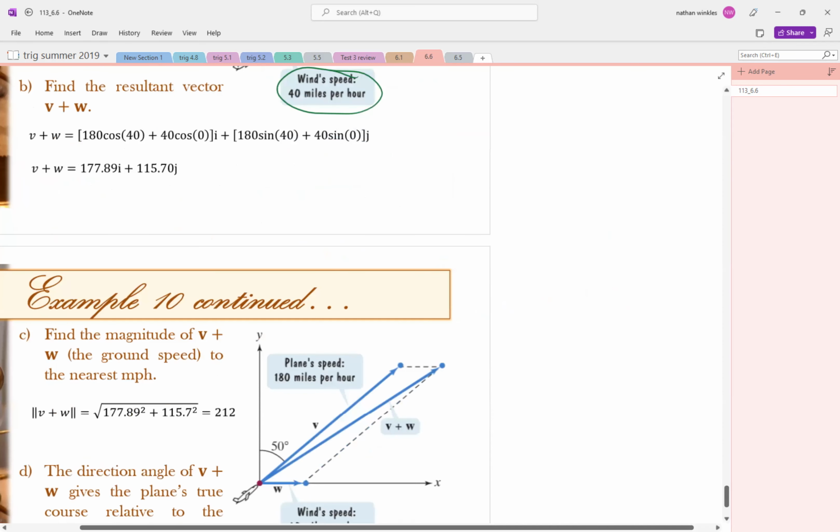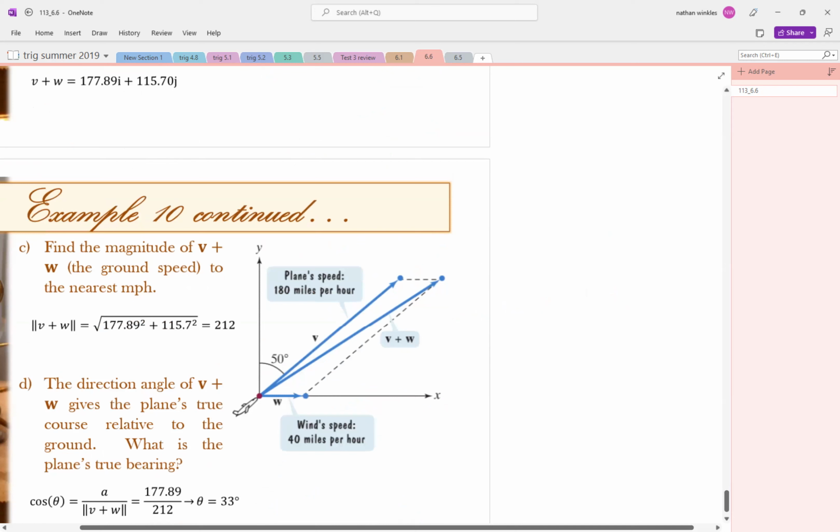Same example, still going with it. Find the magnitude of v plus w, which is our ground speed, what we can measure our ground speed at. That's going to give us the square root of 177.89 squared plus 115.7 squared, which when we round to the nearest mile per hour gives us 212 miles per hour. The direction angle of v plus w gives the plane's true course relative to the ground. What is the plane's true bearing?